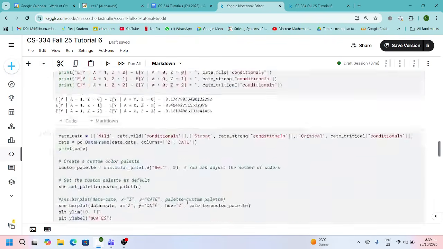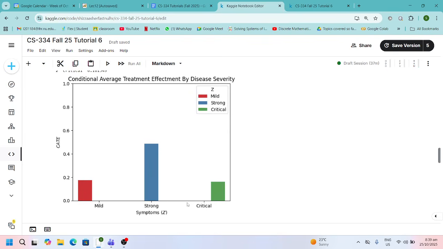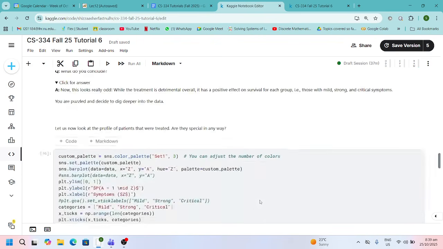I just want to quickly show you these previous graphs so that you do not mix these up. पहले हमने conditional average treatment effect find किया था by the disease severity. So essentially जो हम difference in means find कर रहे थे, we found exactly that, but we found it for each individual symptom group.